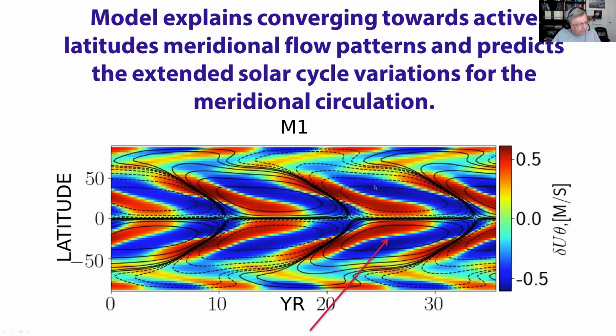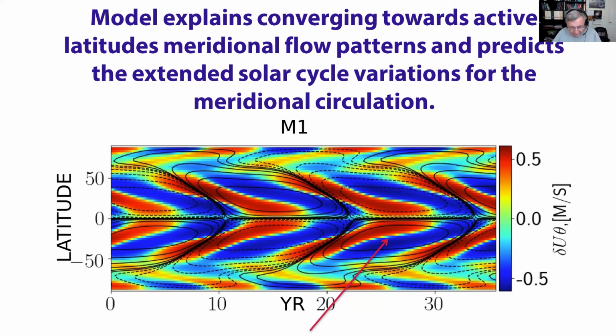What is also interesting is that this model makes some predictions about meridional circulation. It shows the variations of meridional circulation with the solar cycle. It turns out that it can explain an effect that was also found by local helioseismology, which they call convergent flows towards the active regions.